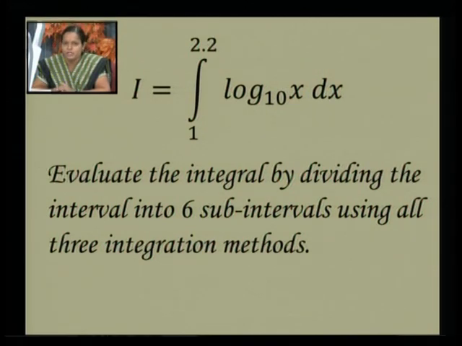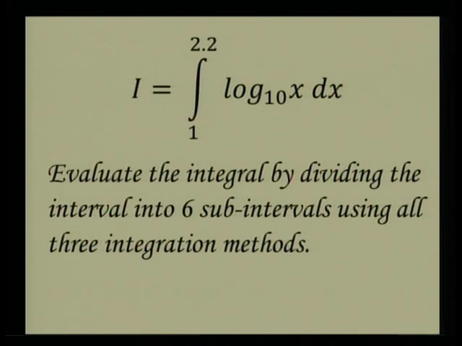As we have seen what the trapezoidal rule, Simpson's 1 by 3 rule and Simpson's 3 by 8 rule are, we solved different examples for the three different methods. Now let us take this one particular example, how to evaluate the value of this integral using all the three methods, so that we can compare the results obtained by all these three methods.